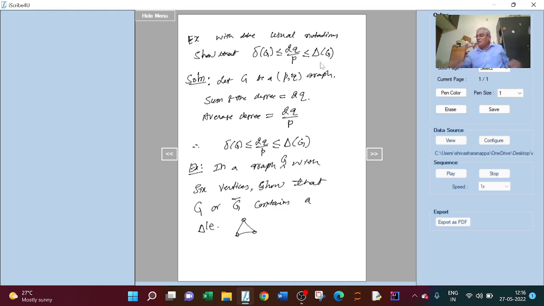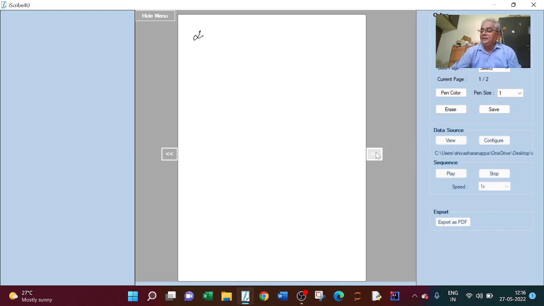Okay. Now here I will consider a graph with 6 vertices. Let G be a graph with 6 vertices and G bar is its complement.